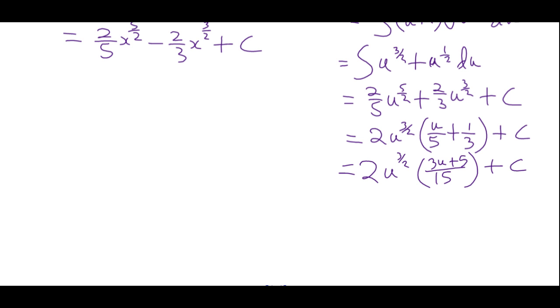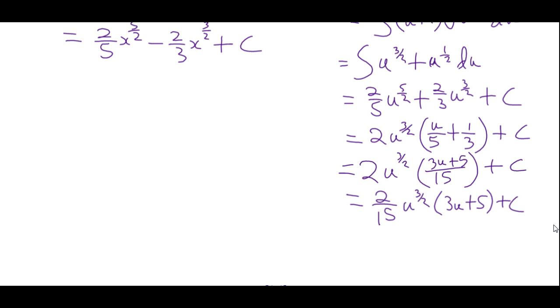We pull the 15 out and put it on the bottom. So we've got 2/15 u to the 3/2 times 3u plus 5, plus c.